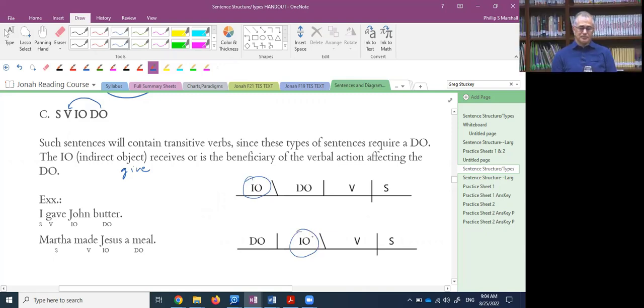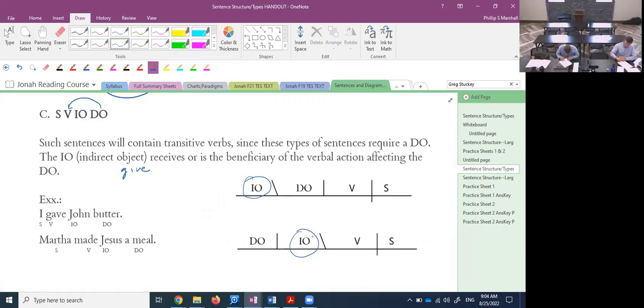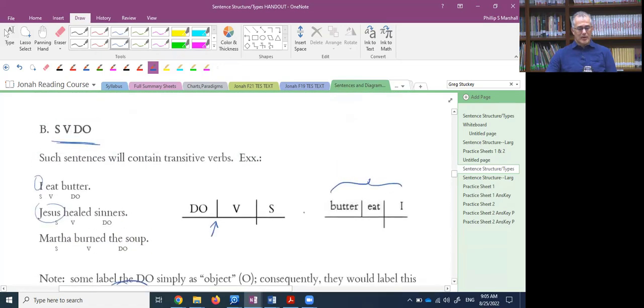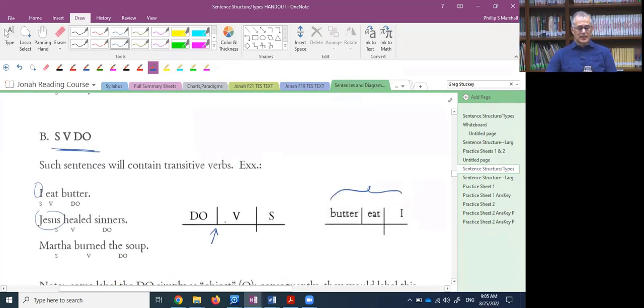All right. So I'm going to put the indirect object on the baseline, but there's some liberty here about where we put it. And in this sense, and this is really the only place where this happens, the ordering of the constituents in Hebrew could map onto the ordering in the baseline. But if I can go back to B, that's not the case here. We're going to put the subject first, no matter where in Hebrew it goes. And we're going to put the direct object here on our diagram, no matter which order it comes in Hebrew.